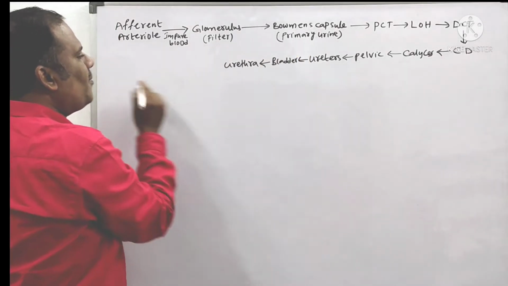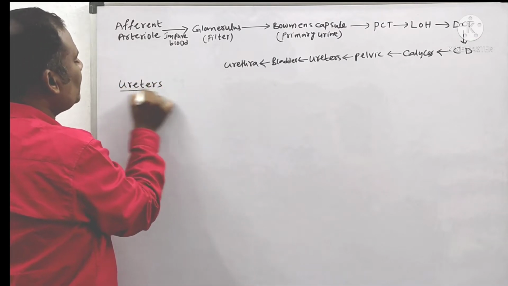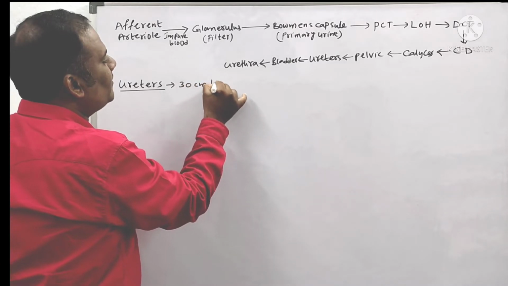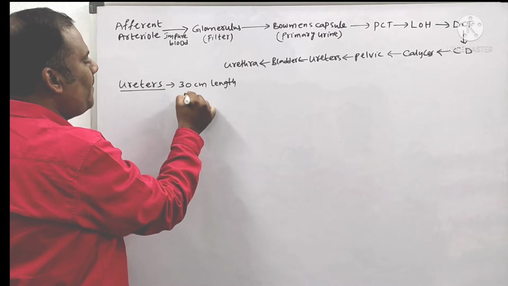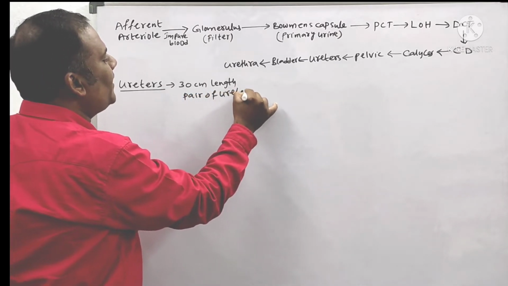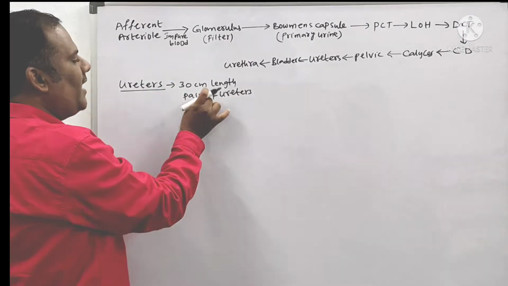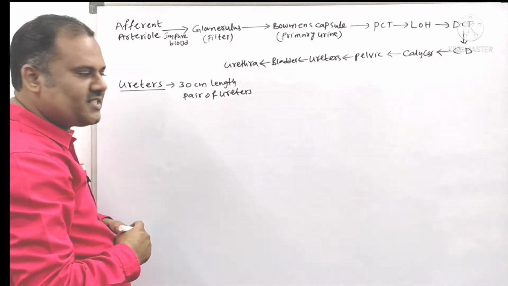In that, you now come to know about the ureters. Ureters are 30 centimeters in length, and we have a pair of ureters. From the right kidney the right ureter emerges, and from the left kidney the left ureter comes out, as we learned in the human excretory system.